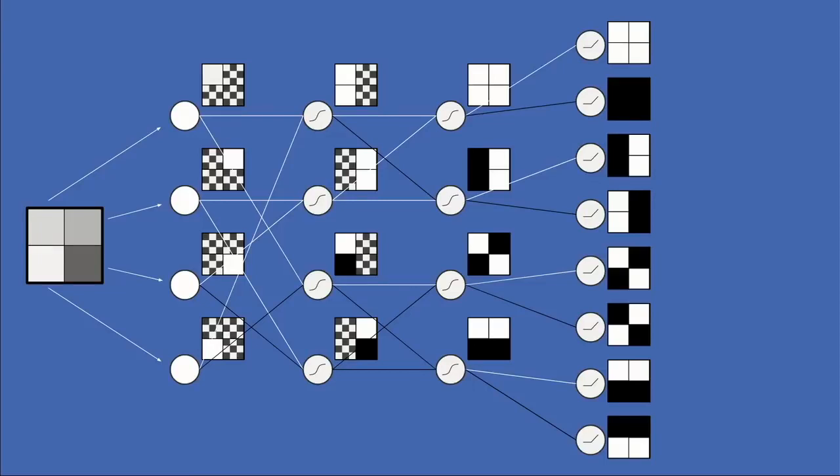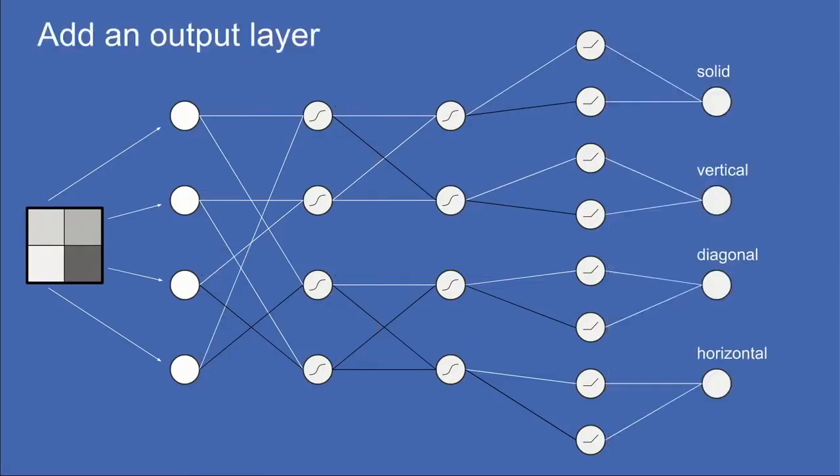Now we're really starting to get the set of patterns that we can imagine using to decide what our image is. So we connect these again to a final output layer. This output layer is the list of all the possible answers that we expect to get out of our classifier. Originally, it was X's and O's.